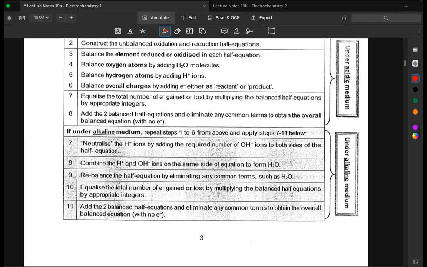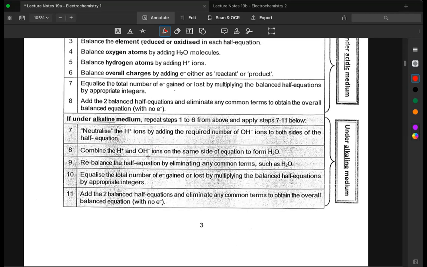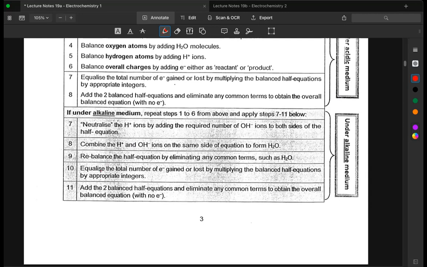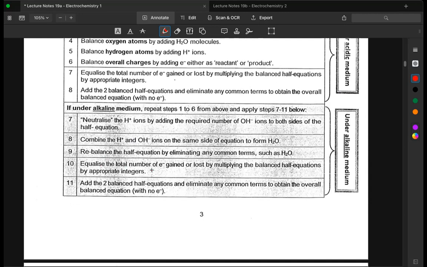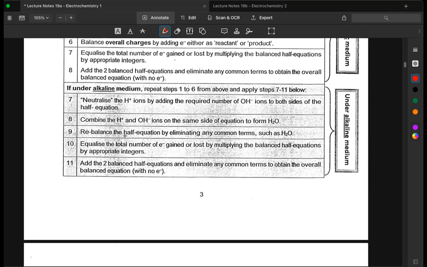And then you combine these two, H+ and OH-, to form water, rebalance the half equation by eliminating any common terms, and equalize the number of electrons gained or lost. And the same thing applies for steps 7 and 8 earlier on. So if you need to recap, you can just refer to the redox notes. Okay, there are more examples there for reference.